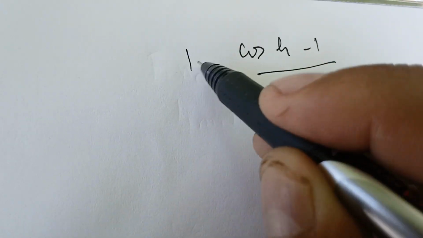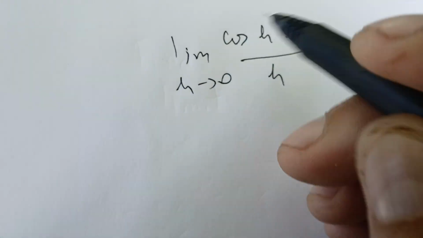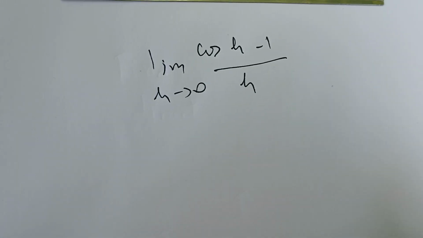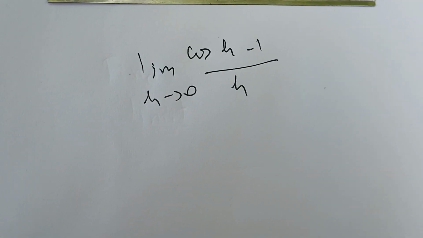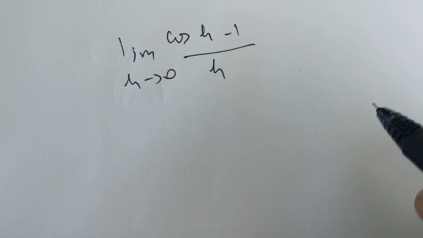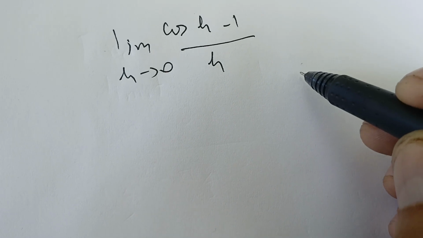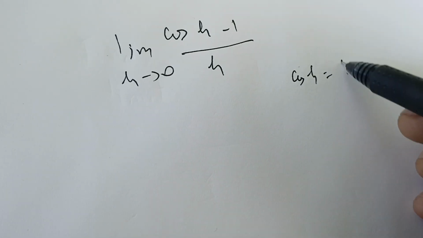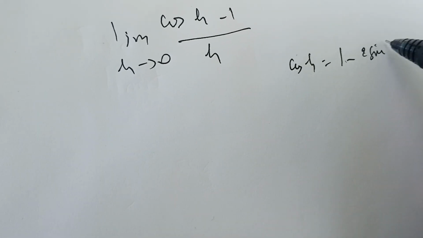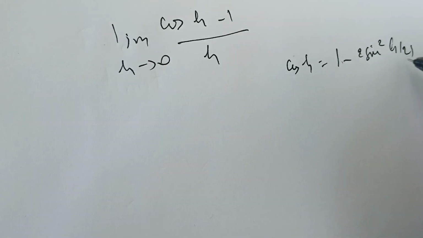So we have the limit of (cosine h minus 1) over h as h goes to 0. We can use the half angle formula, which tells us that cosine of h is 1 minus 2 sine squared of h over 2.